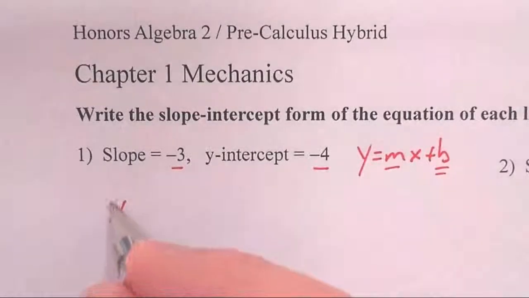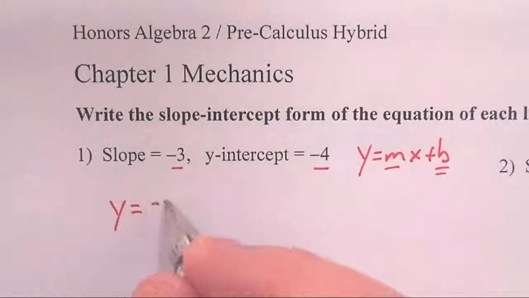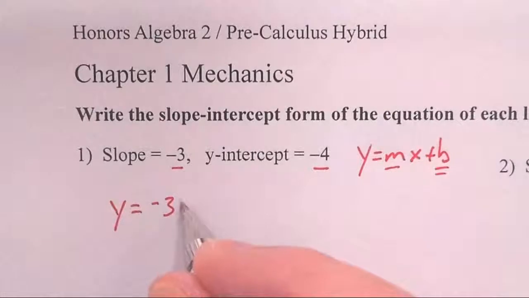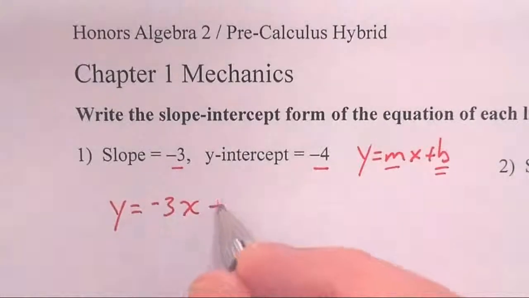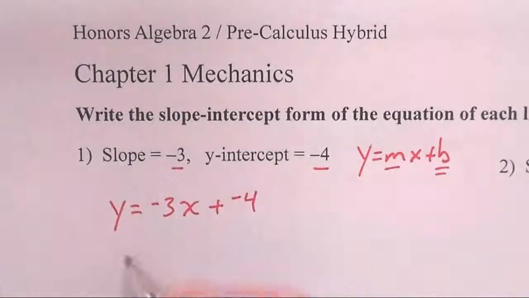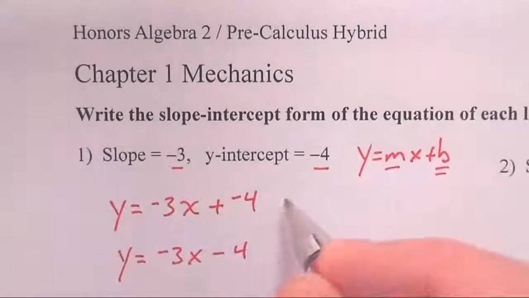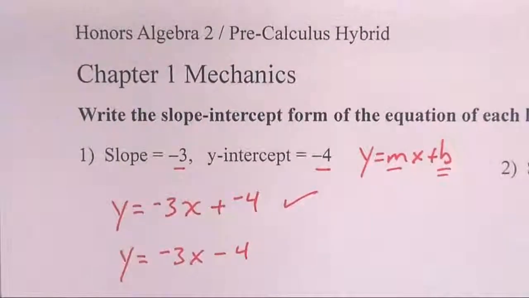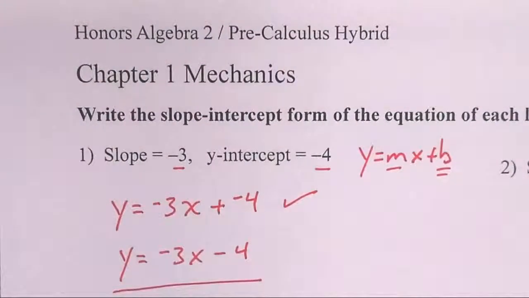So this would just be y equals m, our slope, -3 times x plus our b value. And of course we should write that as y equals -3x minus 4. Now you would not be required to show that step. We would certainly expect at this level we can all make the leap to here.